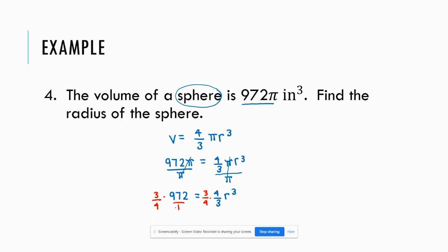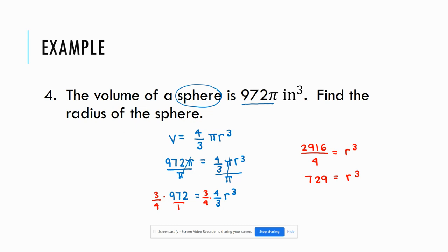You can multiply those numbers straight across. So 3 times 972, that gives us 2,916. 4 times 1 is 4. That equals R cubed. Now I can divide that. When I divide that, I get 729 to equal R to the 3rd power.